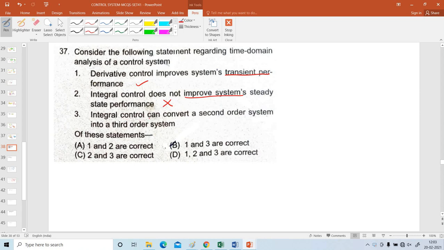Third, integral control can convert a second order system into third order system because integral means 1 by s. Already a second order system is there, so multiplying with this will increase the order of the system to third. Okay, so 1 and 3 is the correct answer.